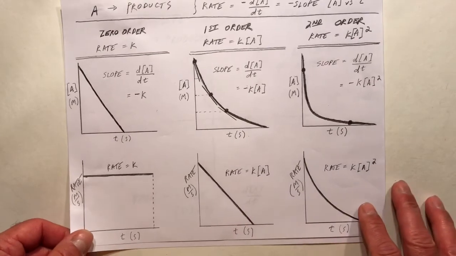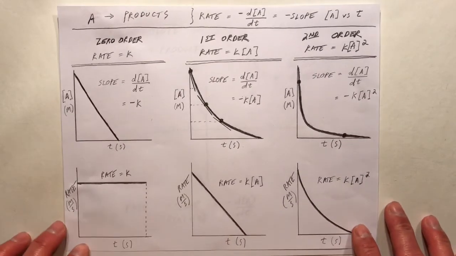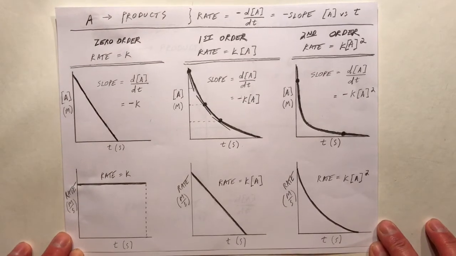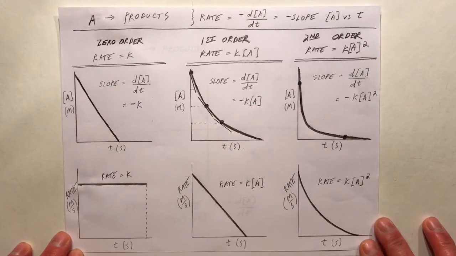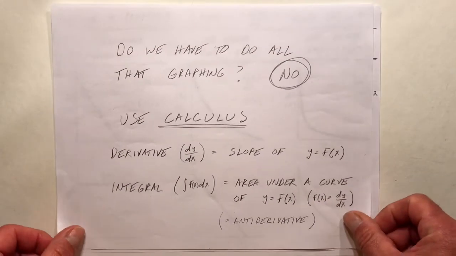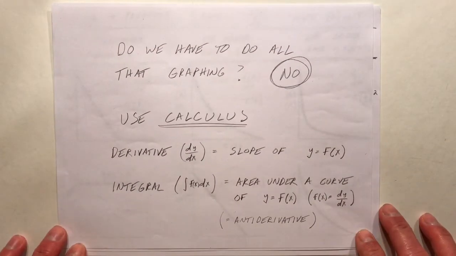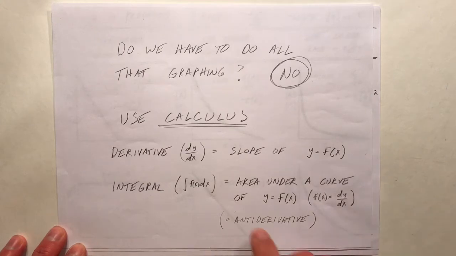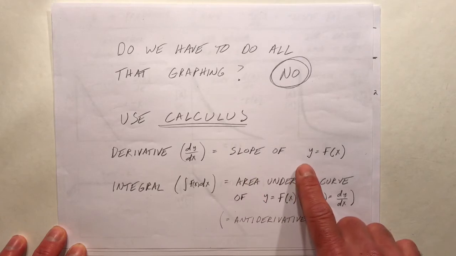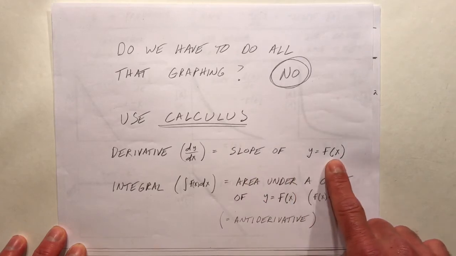Well, not necessarily. It turns out that if you want to relate concentration to time, you can just use calculus. So in calculus, a derivative, dy dx, would give us the slope of a y equals f of x equation.